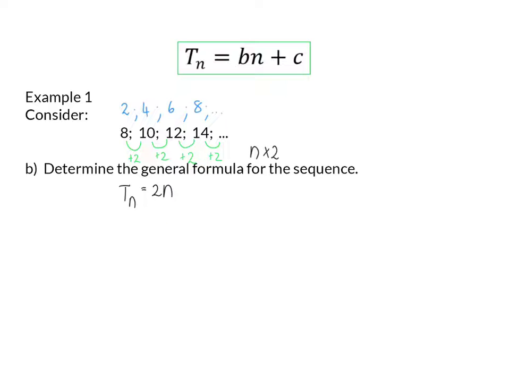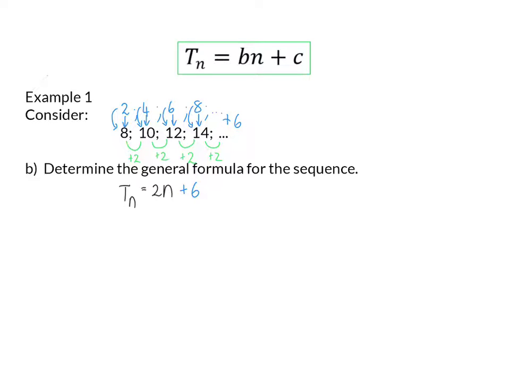So now we need to determine what it is that we need to still add or subtract to get the actual values of our sequence. Here we still have to add 6 every time to go from 2 to 8, 4 to 10, and so forth, which means for our general formula we also still have to add 6, and this is now our final general formula.